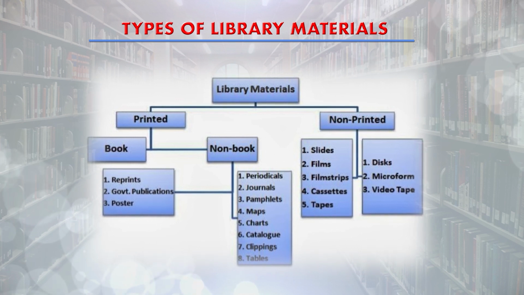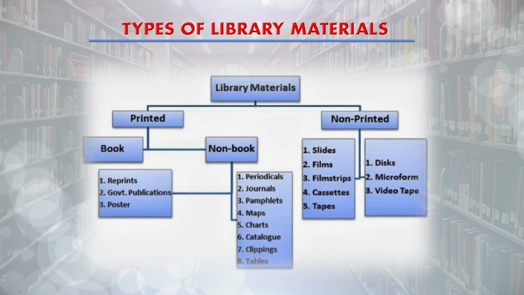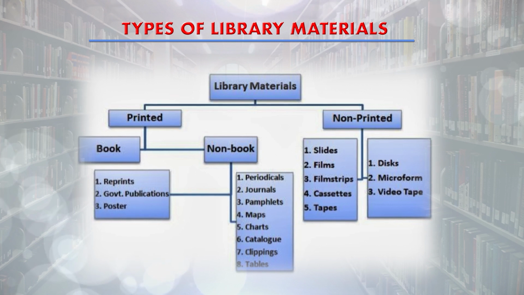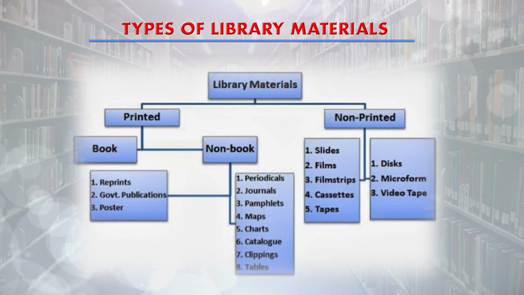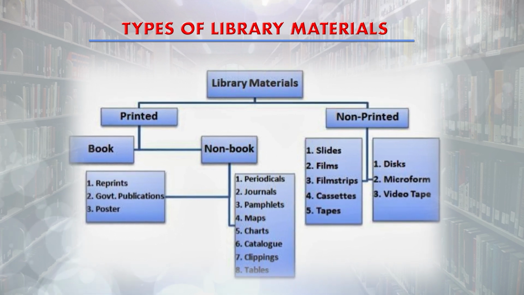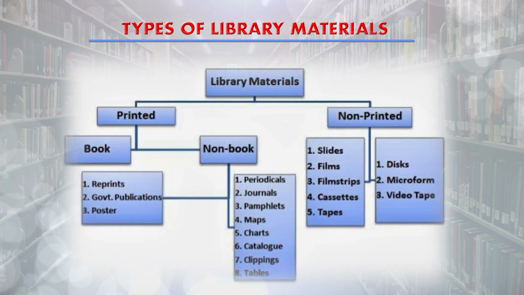In the non-book section you have periodicals, journals, magazines, pamphlets, maps, theses, charts, catalogs, so what not, many other things. In the non-printed case you have slides, films and several other things. So all these things are actually property of the library.